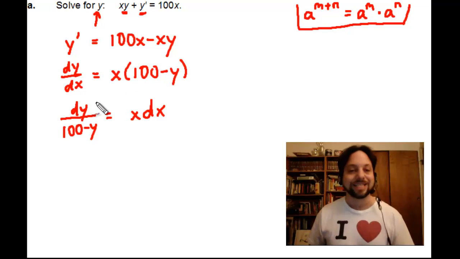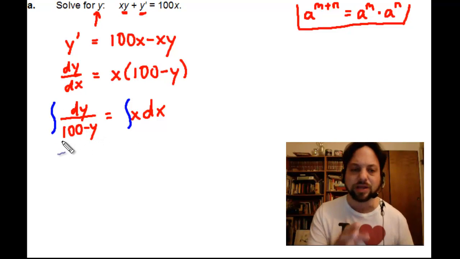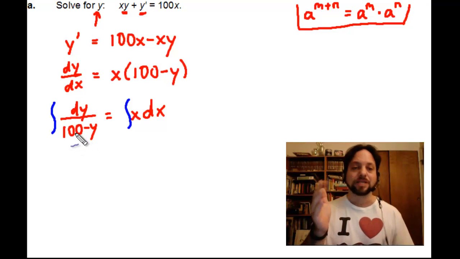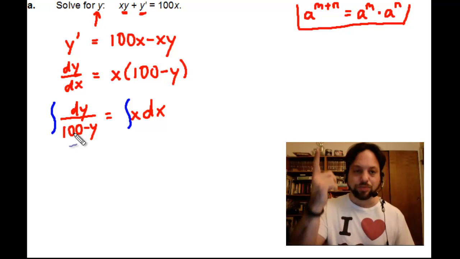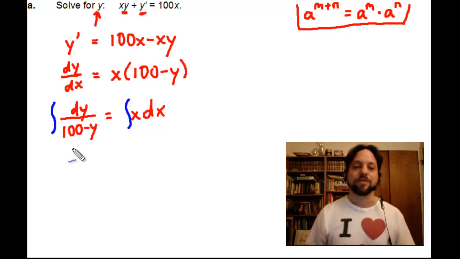So, at this stage, I can go ahead and integrate both sides. And you might want to pause here for a second and say, but wait a minute, how are we going to integrate the left side? If that's the case, I'll simply remind you that the top is a derivative of the bottom. And when the top is a derivative of the bottom, that should bring to mind the natural logarithm. However, we need to be very careful here.